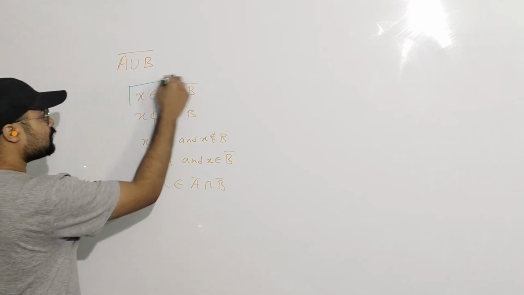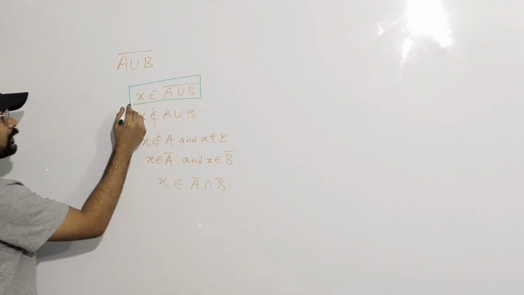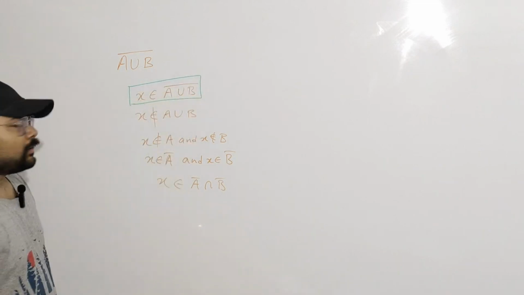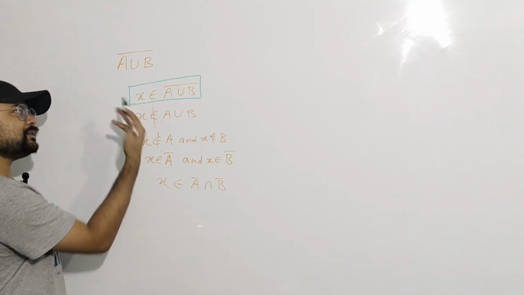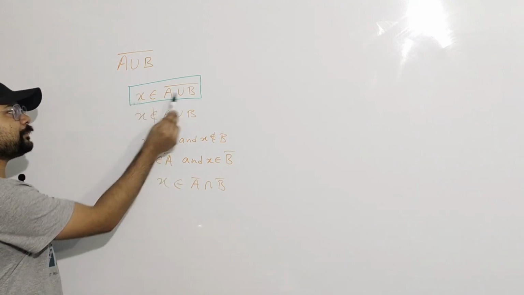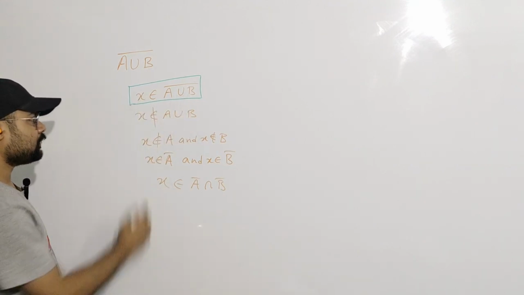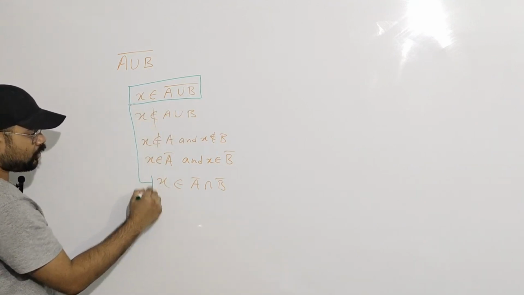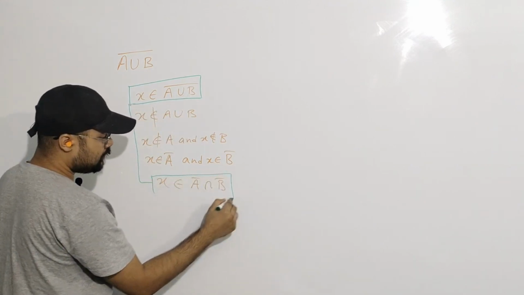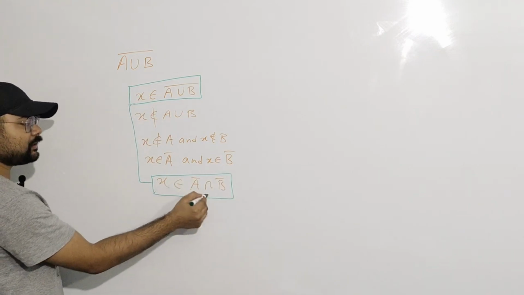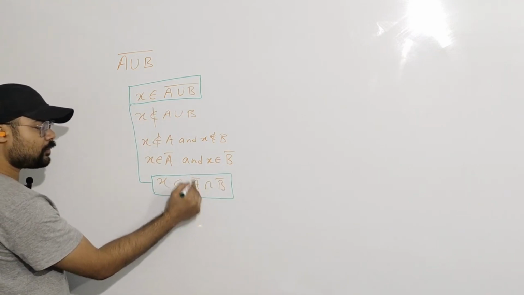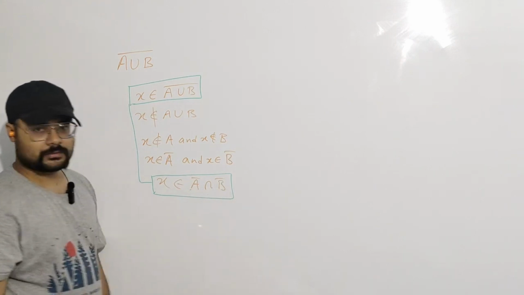X belongs to A union B complement. Here X is any arbitrary X, so any X that belongs to A union B complement, that X also belongs to A complement intersection B complement.